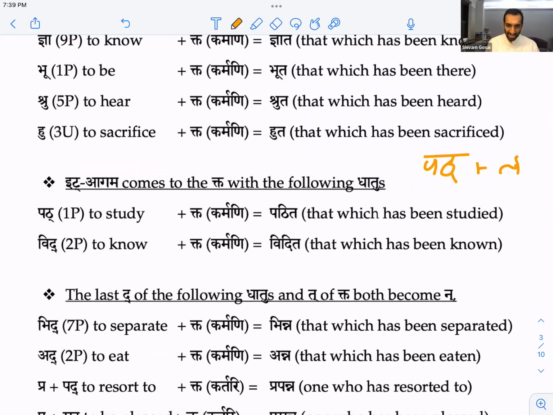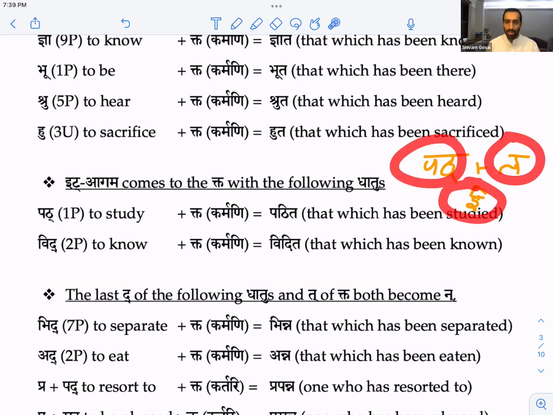But for these two, I get this extra, we call it agama, meaning an extra ikara is an addition. Agama means addition. So now I add an extra ikara in the middle. So it becomes pat, ta, patita.